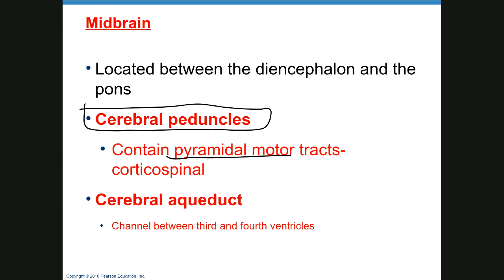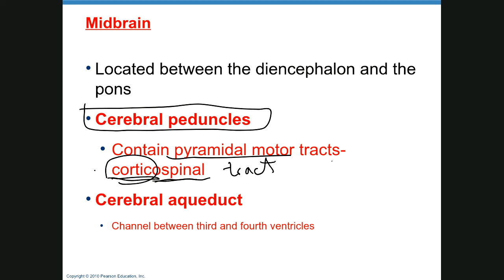These are called the pyramidal motor tracts, which are part of the corticospinal tract. It's called corticospinal because these axons begin at the motor cortex, and there's going to be one long series of axons.